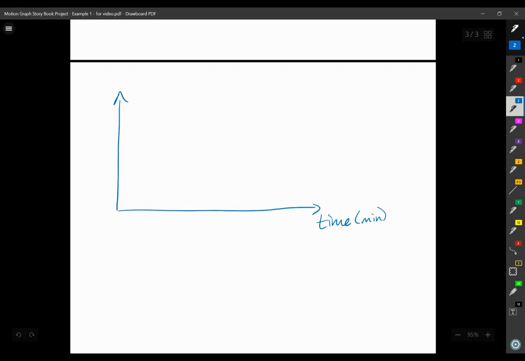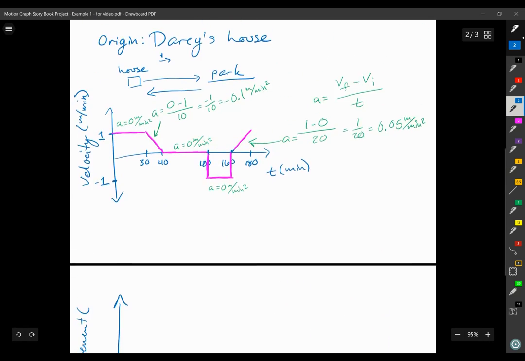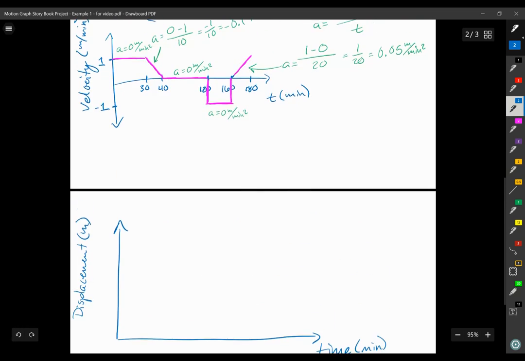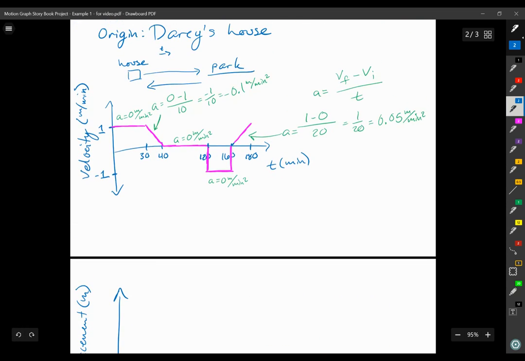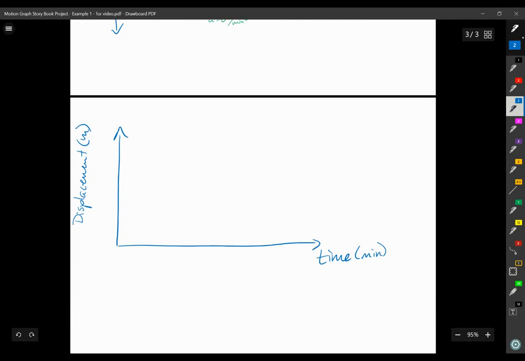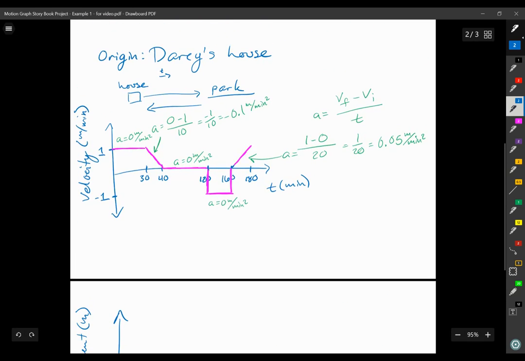My y-axis, you can write it as displacement or position. I'm going to write it as displacement, and that's measured in meters.